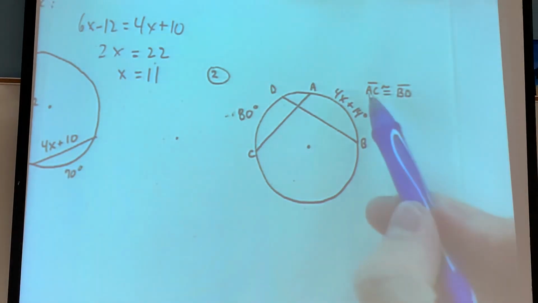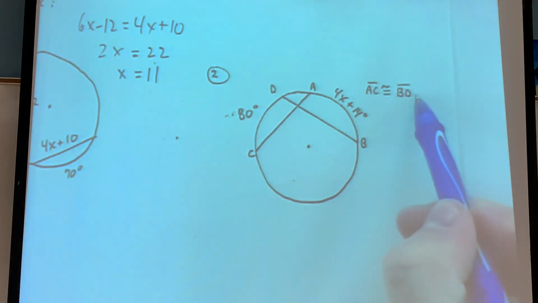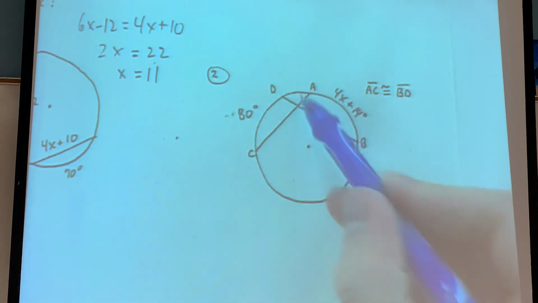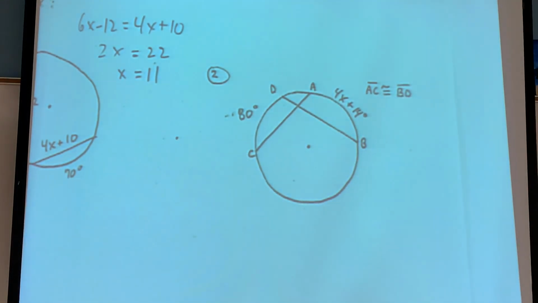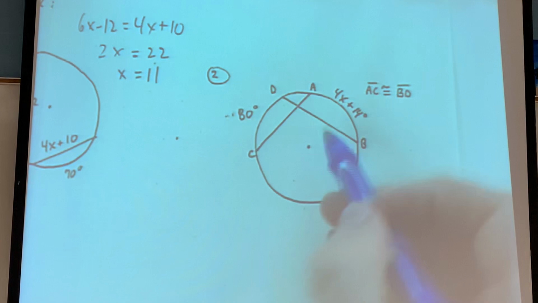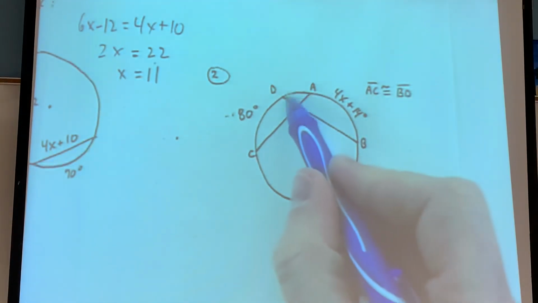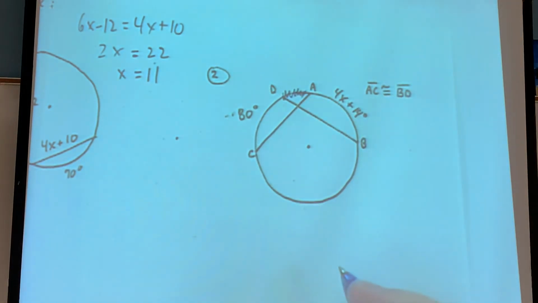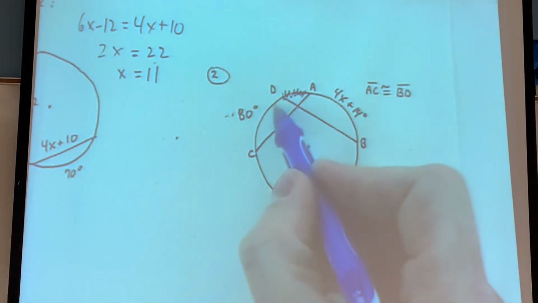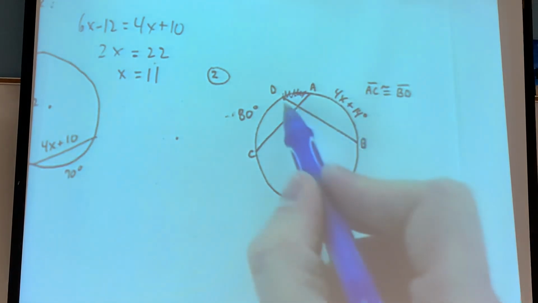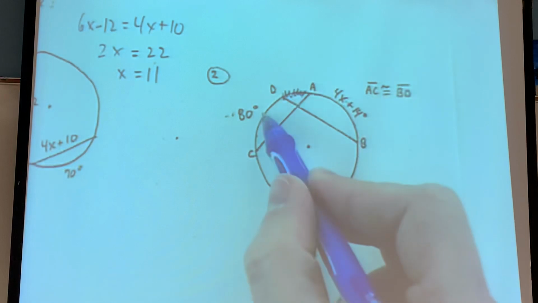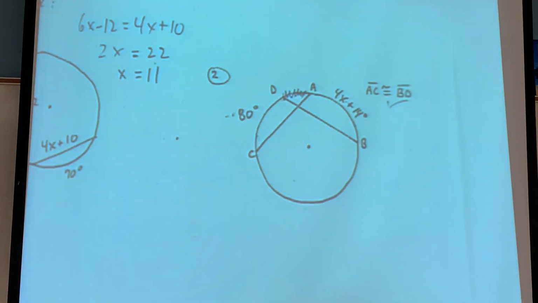Okay, on this one we're given that the two chords, these two segments, the chords are congruent. That means the arcs are congruent. Now, this one, there's a little overlap area, but that overlap area pretty much cancels out. So that means the arc part remaining, these are congruent. So again, we can set them equal because we know this.